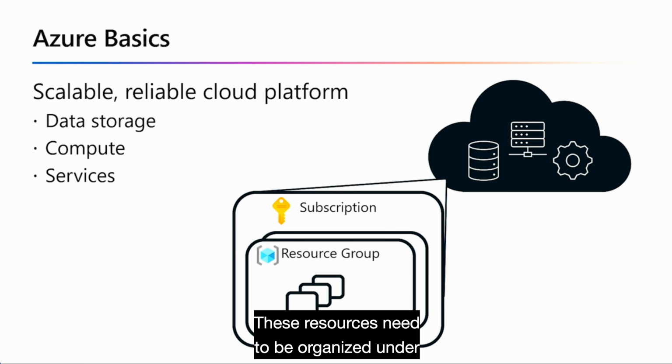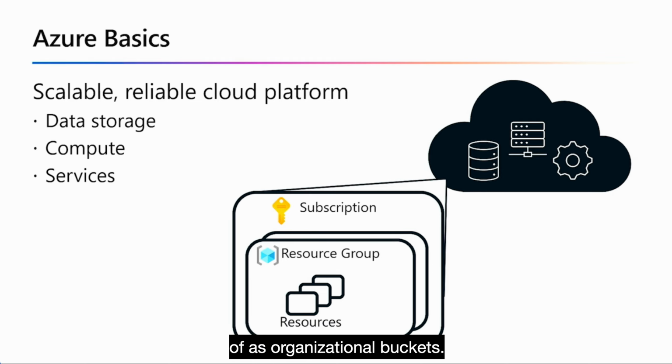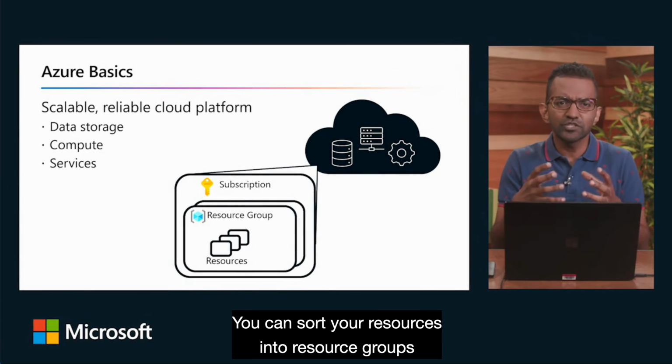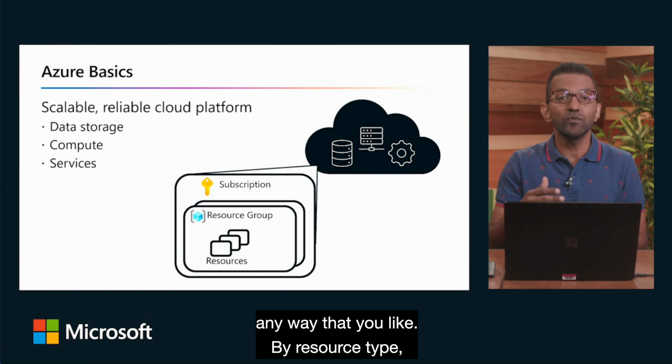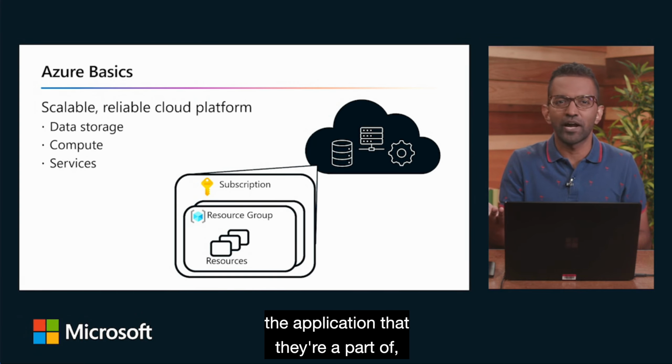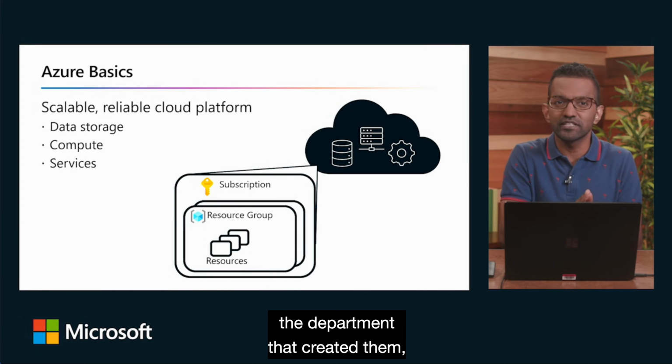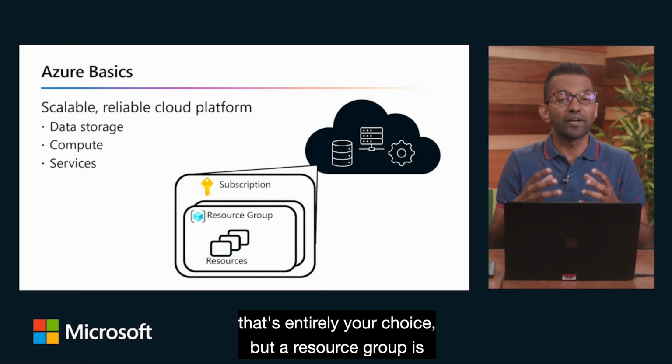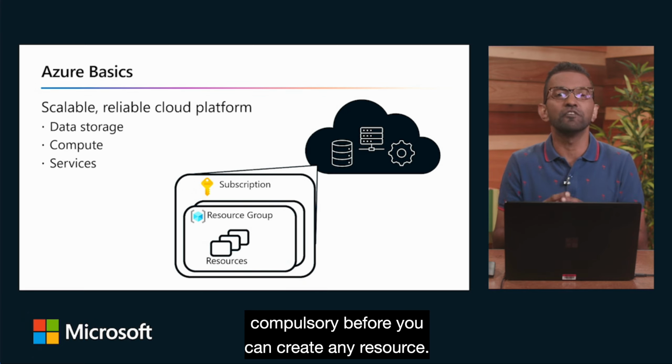These resources need to be organized under resource groups, which can be thought of as organizational buckets. You can sort your resources into resource groups any way that you like: by resource type, the application that they're a part of, the department that created them. That's entirely your choice. But a resource group is compulsory before you can create any resource.